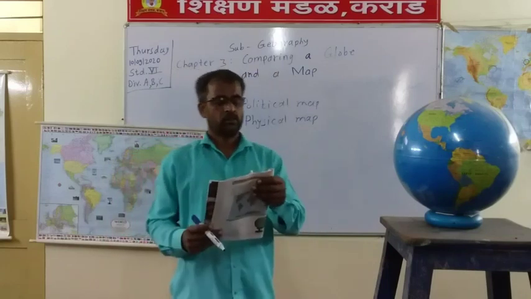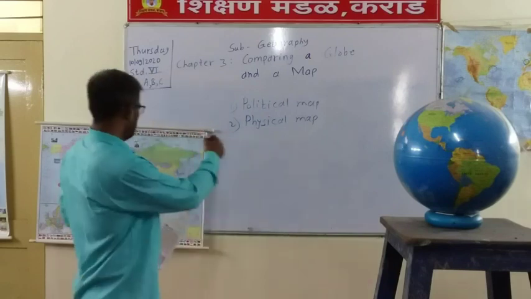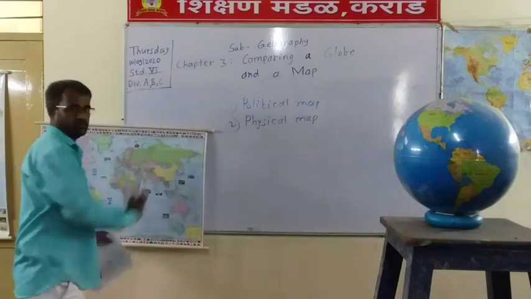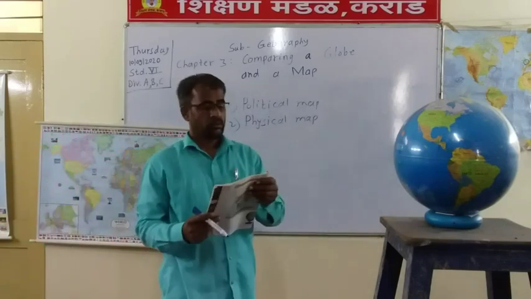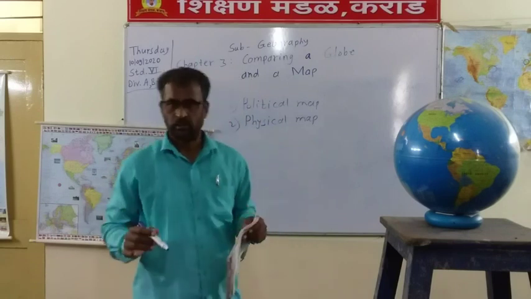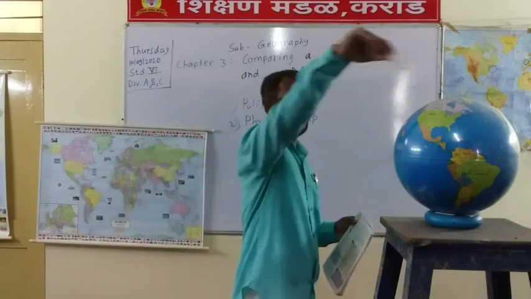First question, which device is flat? A map is a flat device. Second question, which device is spherical? A globe is a spherical device.